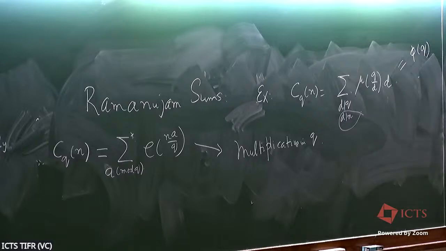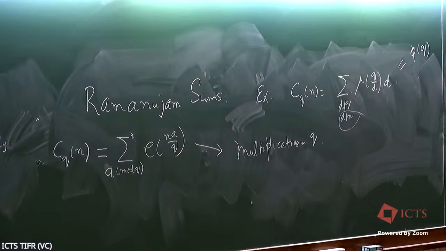Once you have this particular formula, it is always possible that you would be able to write c_q(n) and simplify it, what is c_q of p power alpha, etc. For example, if n and q are co-prime, then this has only one term, t equal to 1, and that gives you mu q. Okay, which is what you would expect when you are adding the primitive roots.